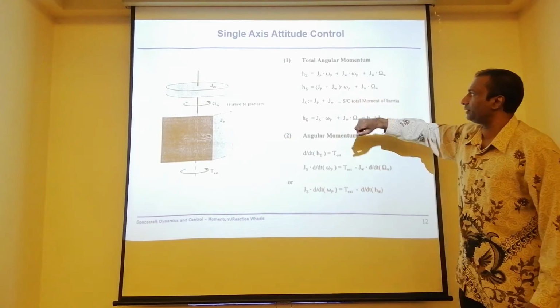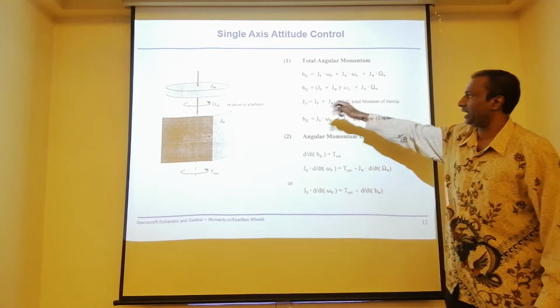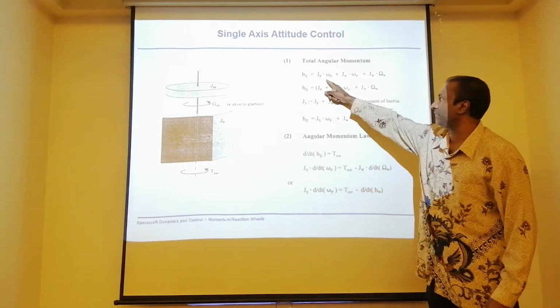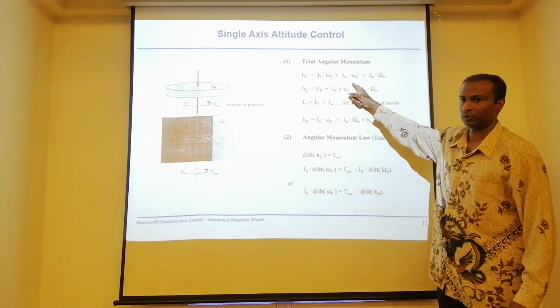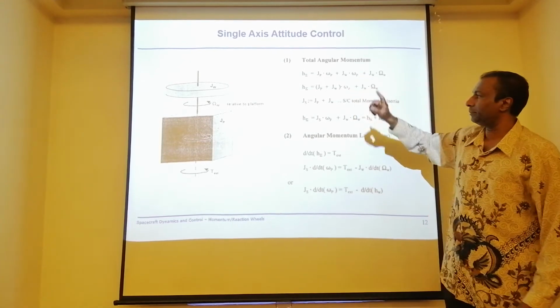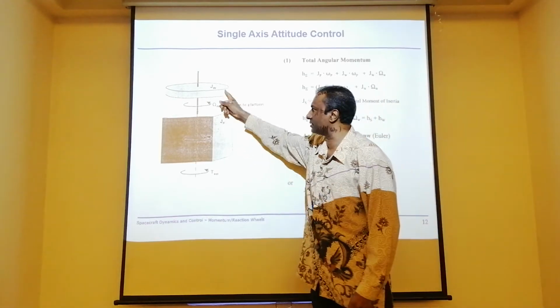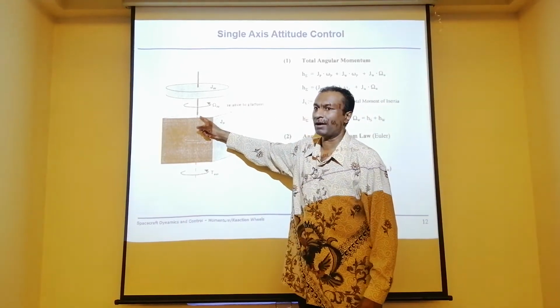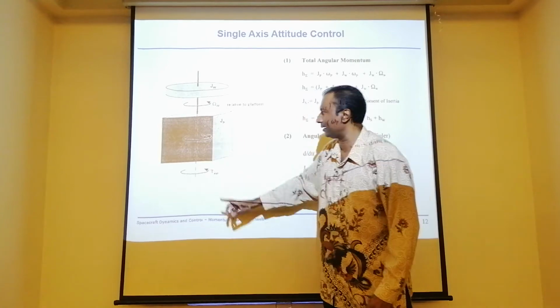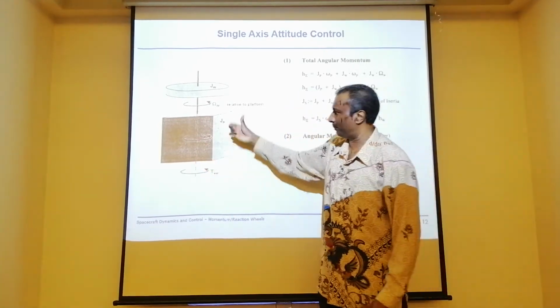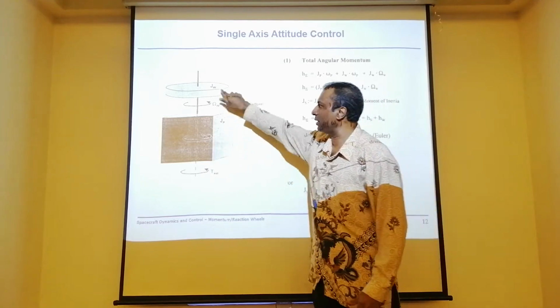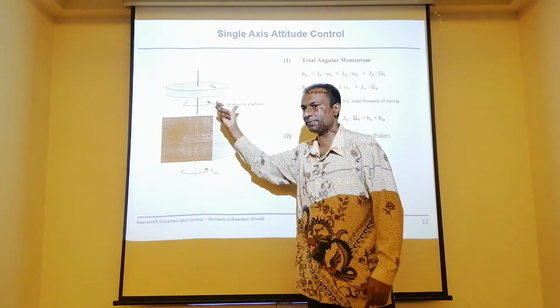I have two rigid bodies there, the platform and the wheel. Don't forget the wheel is mounted to the platform, which means that if the platform is rotating at omega p, the wheel is also rotating at omega p.